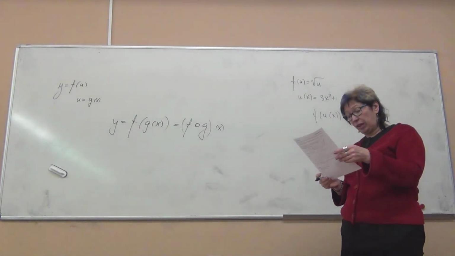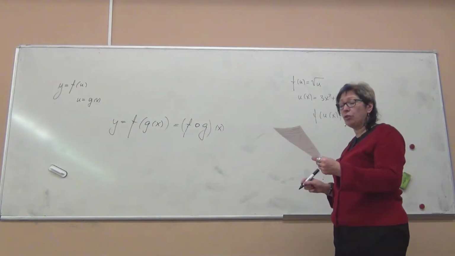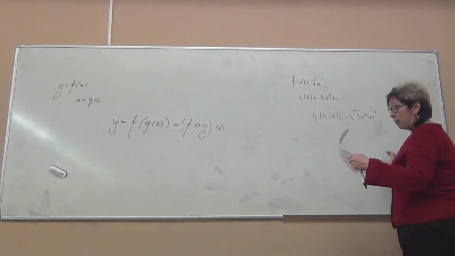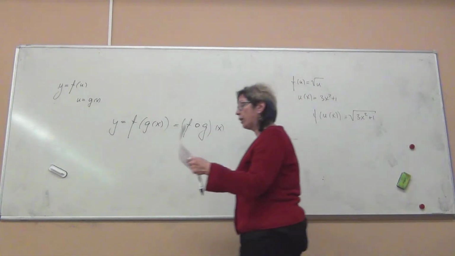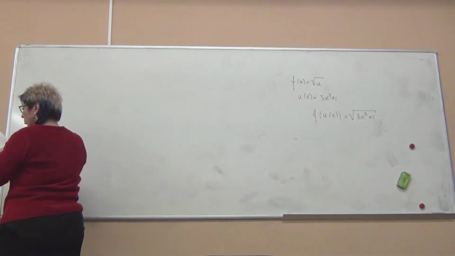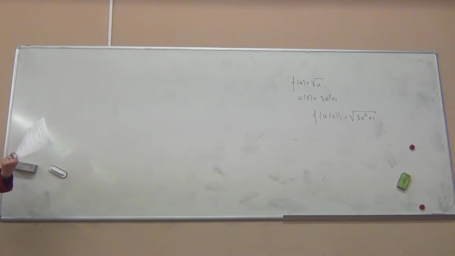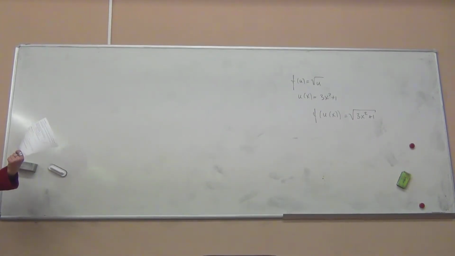Alright, that's the composite function stuff. Let's just do this exercise A, and then we can move on to exercise B. I think this should take up all the time for the lecture.